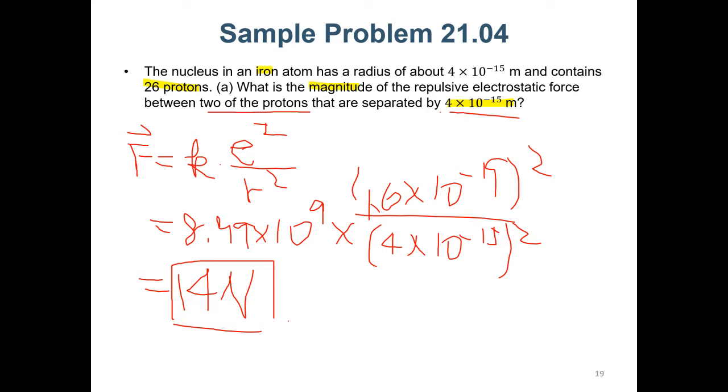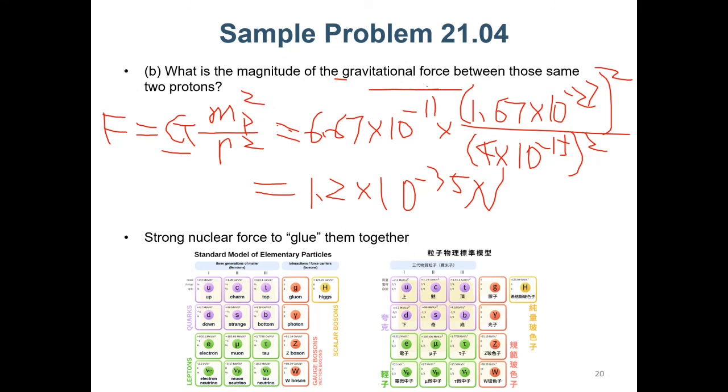The protons will repel each other due to the positive charge. However, the gravitational force attracting them together will be just 10 to the minus 35 Newton. So this is very strange. We cannot really explain why the protons and neutrons are concentrated at the nucleus, and there should be something else to really glue them together.